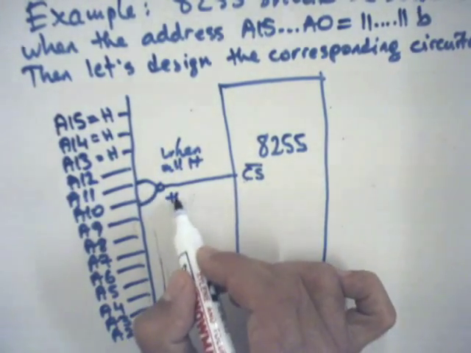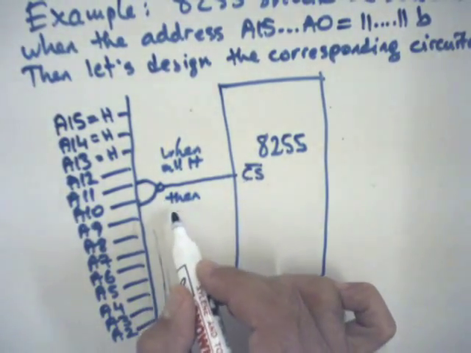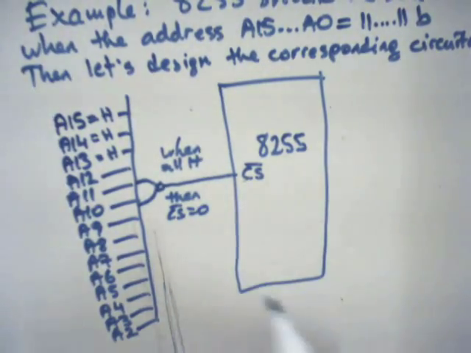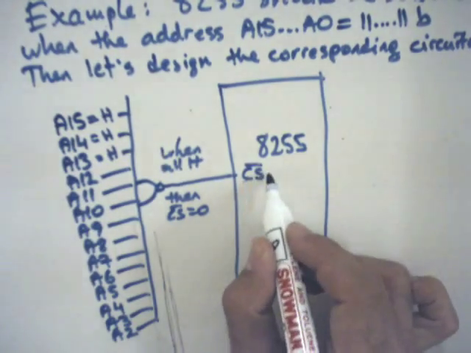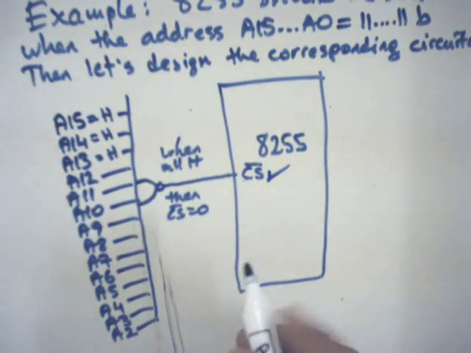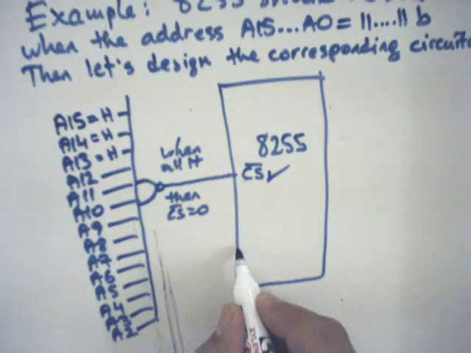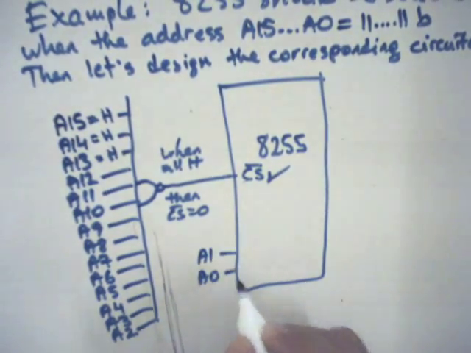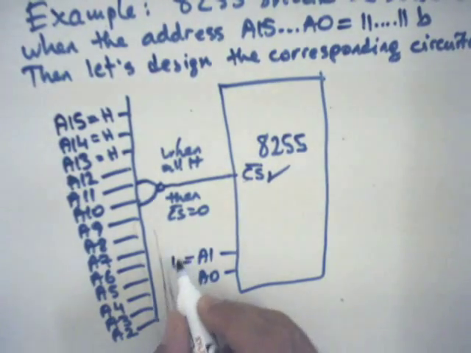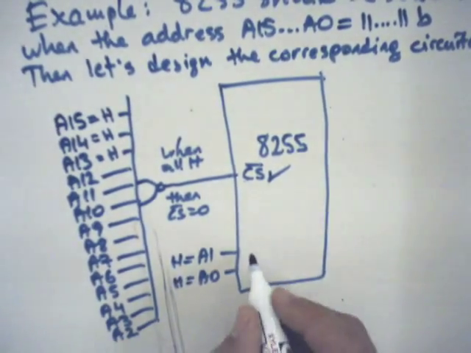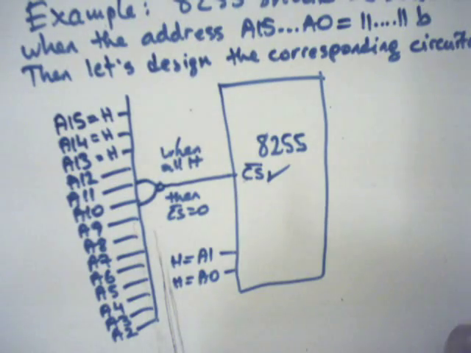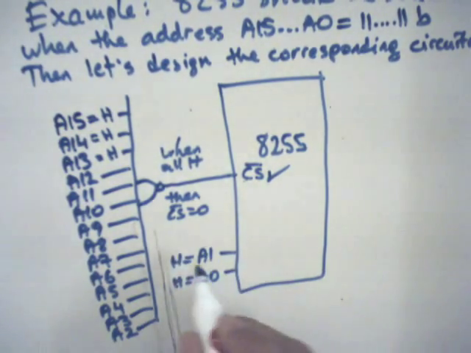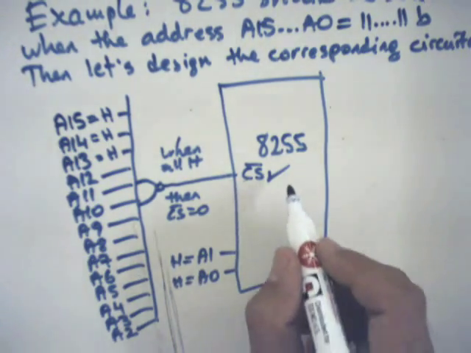So this chip is selected. We need two more pins, which are A1 and A0. When both of them are high again, this chip is selected. Selecting this chip means high enters and selects the control register inside the 8255 to be functional.